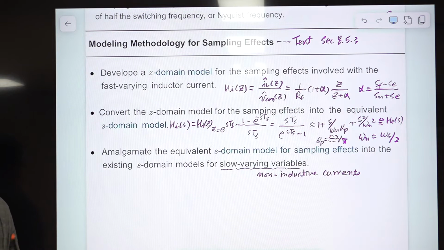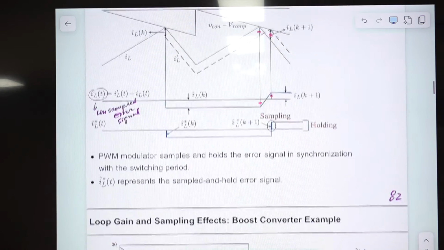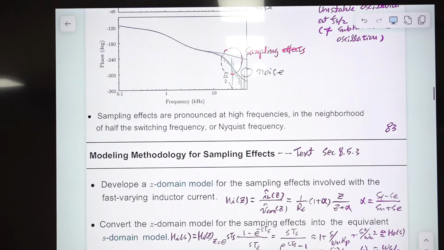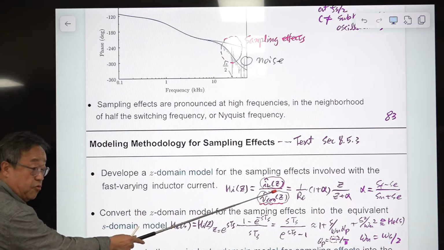This sampling effect is coming from inductor current sampling. So control to inductor current is very important, because control voltage can change the inductor current, and inductor current is varying fast, and it changes the switch drive signal, and that high frequency behavior is embedded in this transfer function.